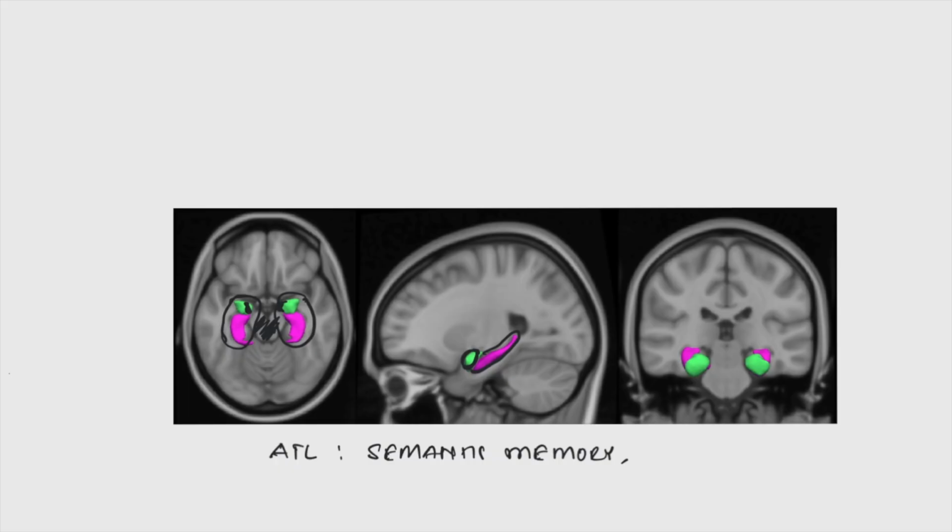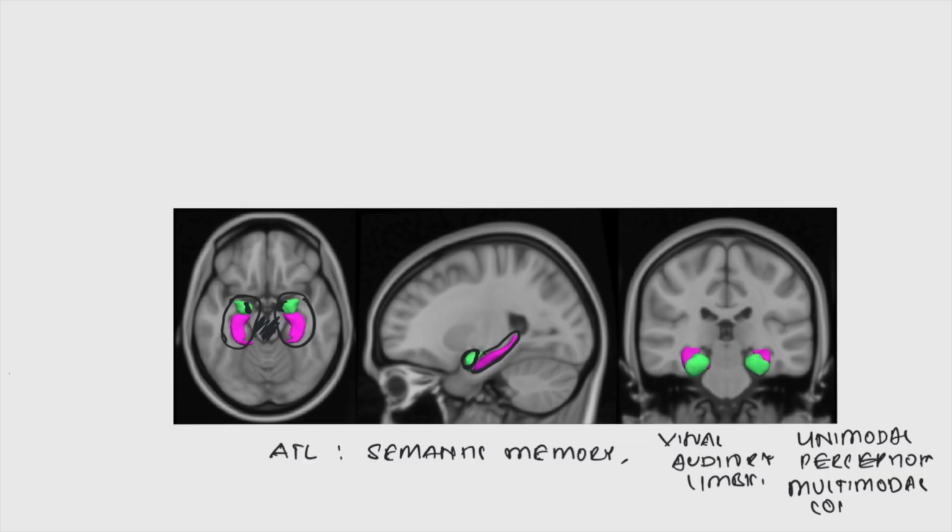The anterior temporal lobe also plays a very important role in integrating your visual, auditory, as well as your limbic information, and it usually converts a unimodal perception into a multimodal concept. We'll talk about what this exactly means sometime in future.